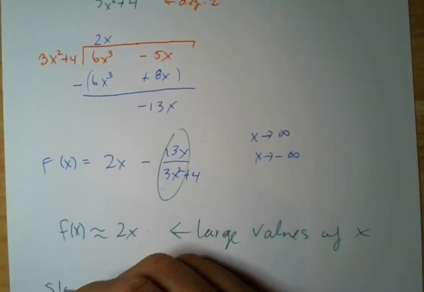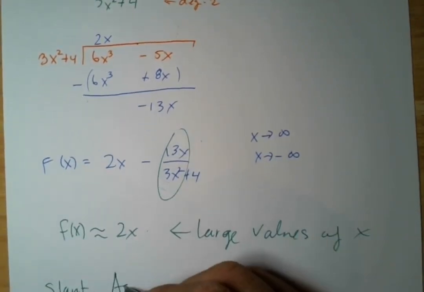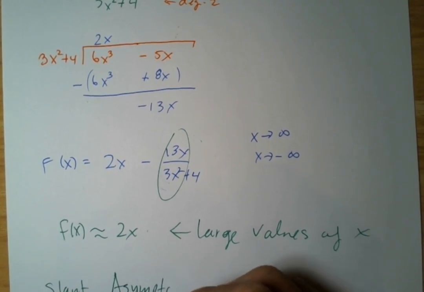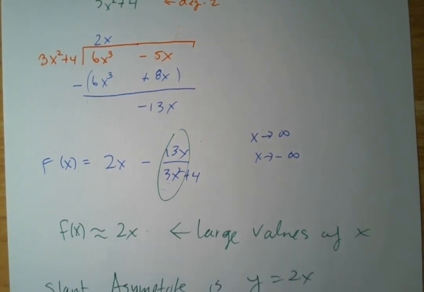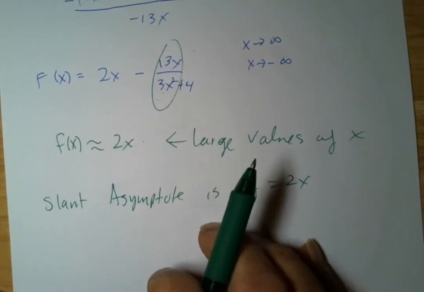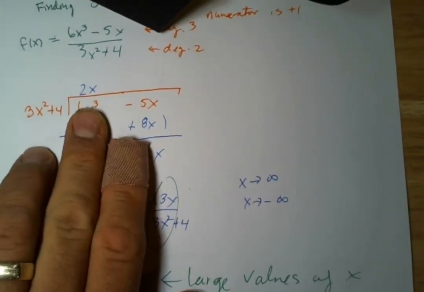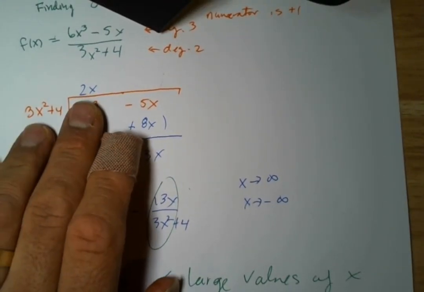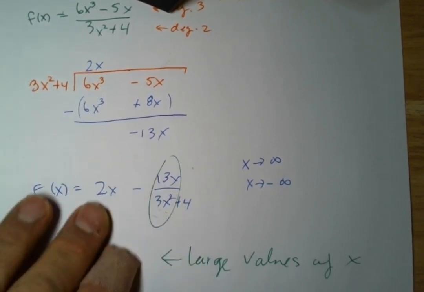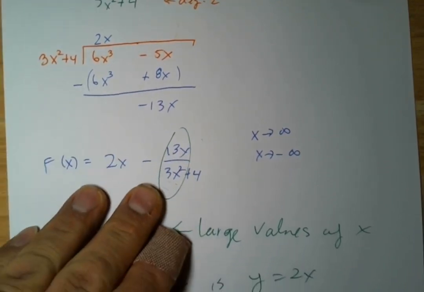So my slant asymptote is y equals 2x. Okay, so whenever you perform your long division, whatever the quotient here is, that's going to be your slant asymptote. I just wanted to go over why it is that this works.